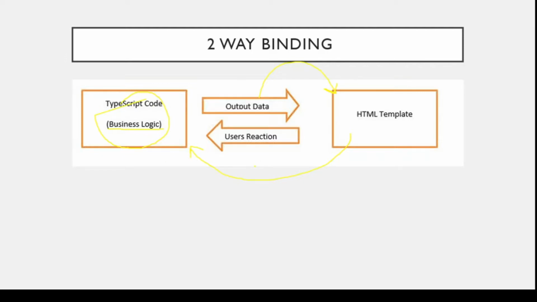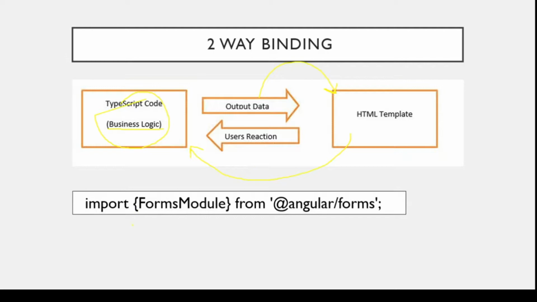So how is that possible? It is possible using the forms module. We have to import the forms module from angular/forms so as to have two-way binding, and we have to add this into our imports array.